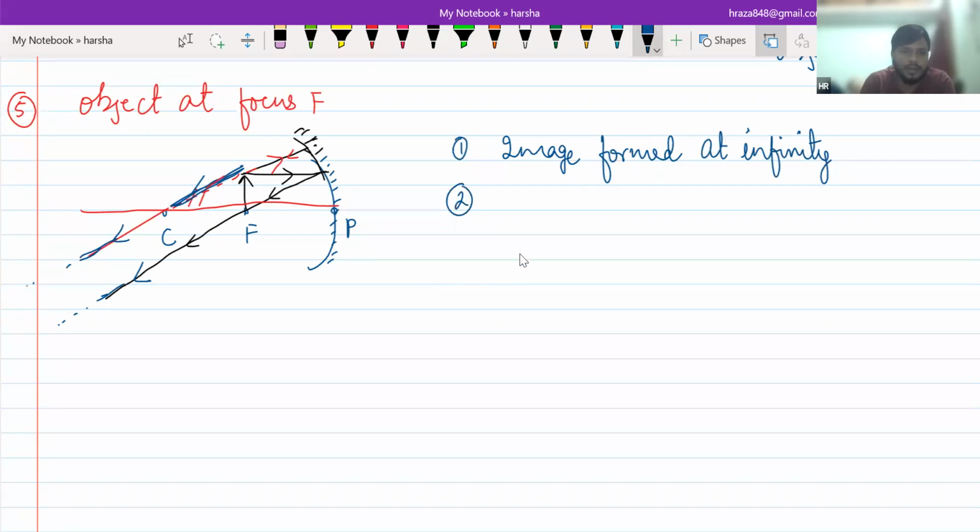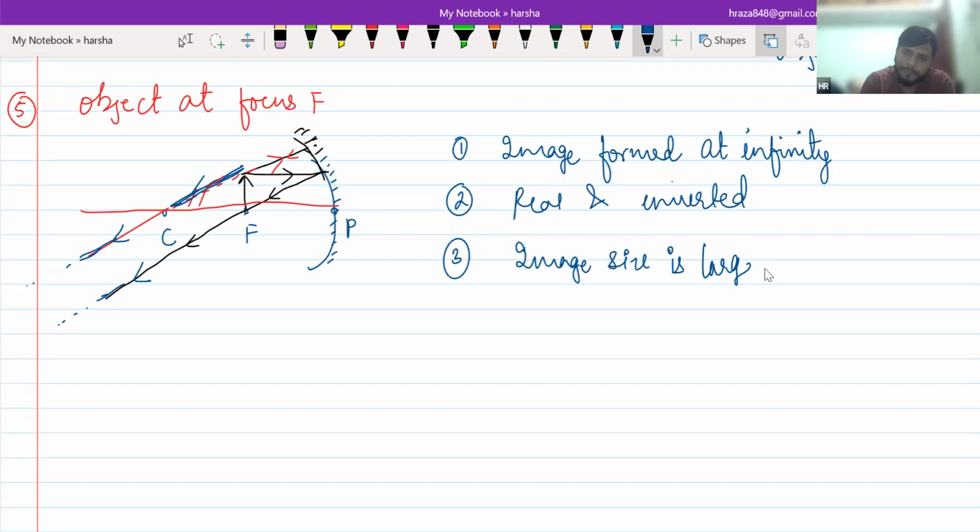and in the second case we can take real and inverted, and in the third case image size is larger than object size, enlarged.